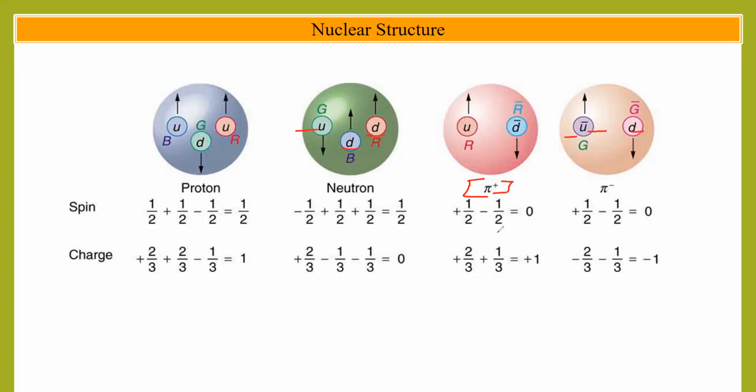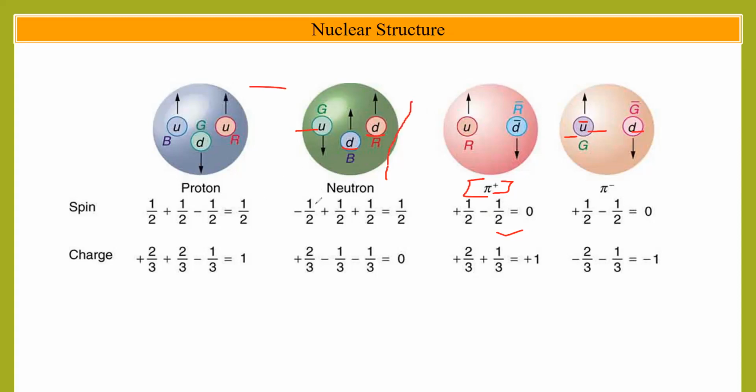In this way we can calculate the charge. The bar that is put here, what does it mean? It means up quark will become its opposite. Sign would be opposite. Just remember these 2 things.